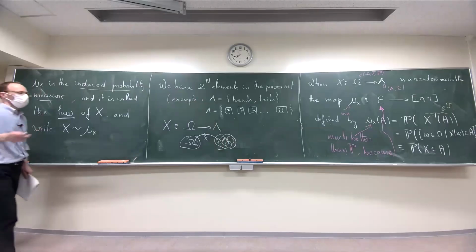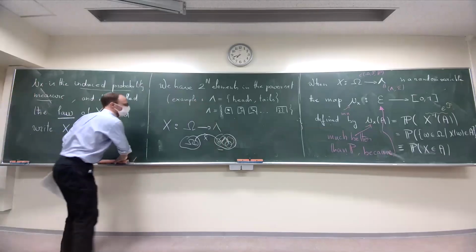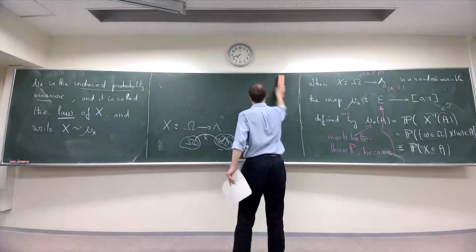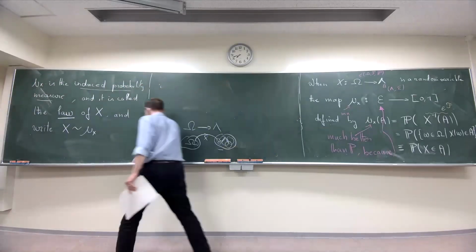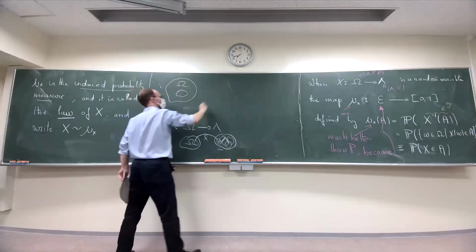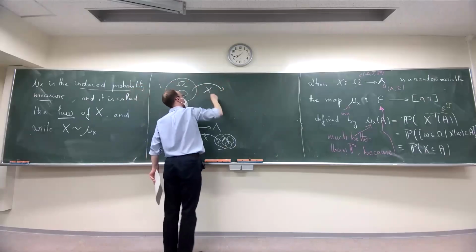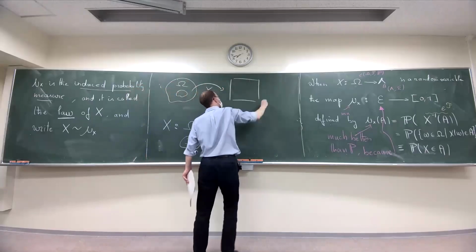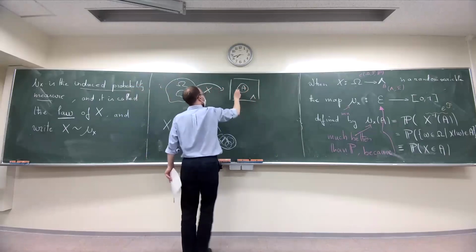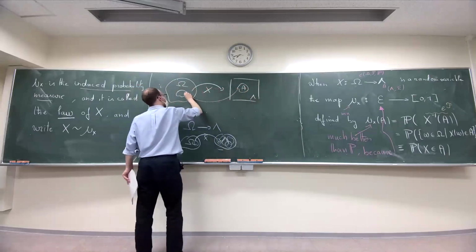So maybe we can try to make a picture. Let's try to make a picture. We have this complicated set here. Now we have a random variable X going to a simpler set here. I have A, its preimage is this one.